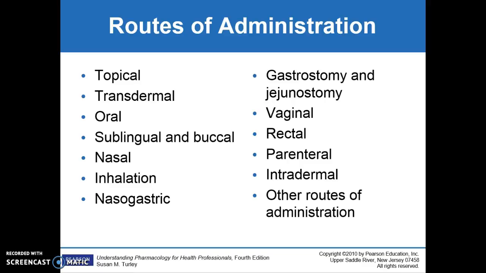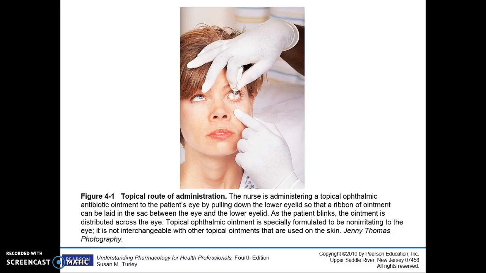Topical, we typically think about being applied to the skin, but those also can be things applied to the eye. And here's an example of an ophthalmic ointment. They're showing you the special way that you have to use ophthalmic ointments. One thing to keep in mind anytime we're using an ophthalmic is that it must be sterile.